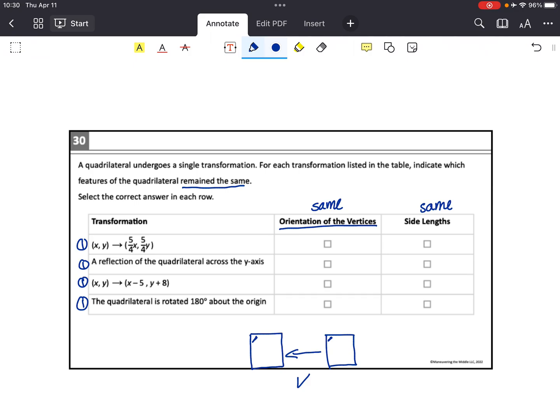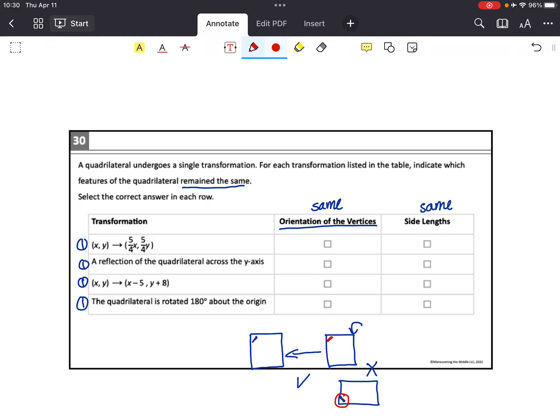If I take the same piece of paper and I rotate it, so now it is laying like this, it is no longer in that same corner. So now the orientation of the vertices has changed. Over here, it was in my top left corner, and now it is on my bottom left corner. So therefore, it did not stay the same. So that's what we're looking at as we're going through these.